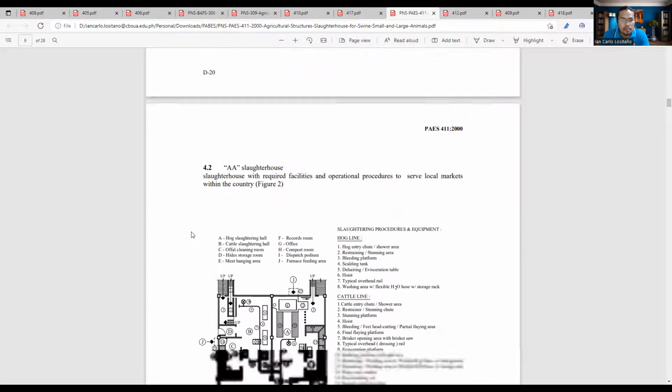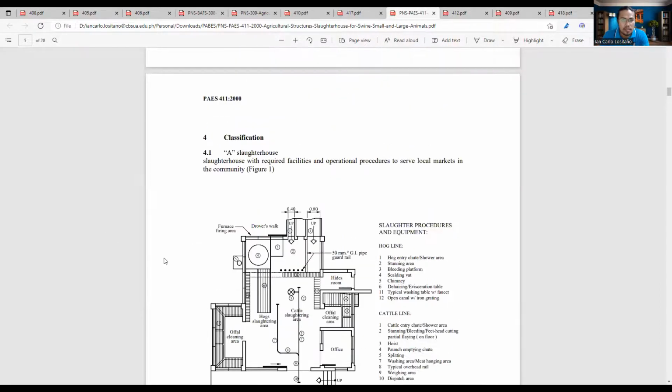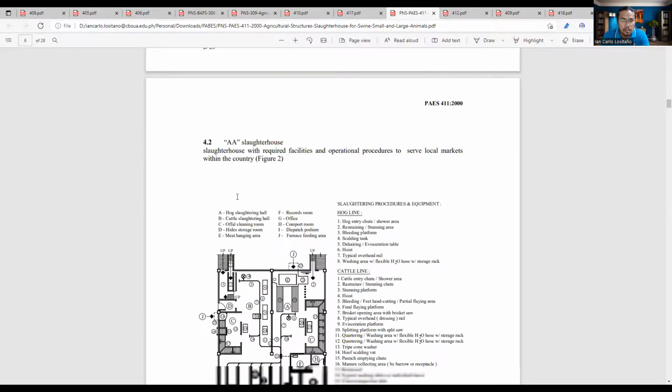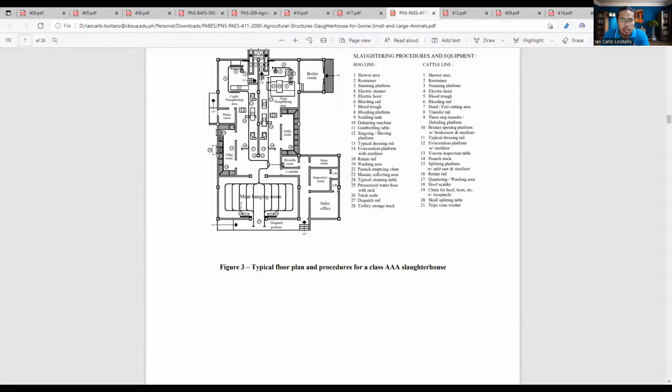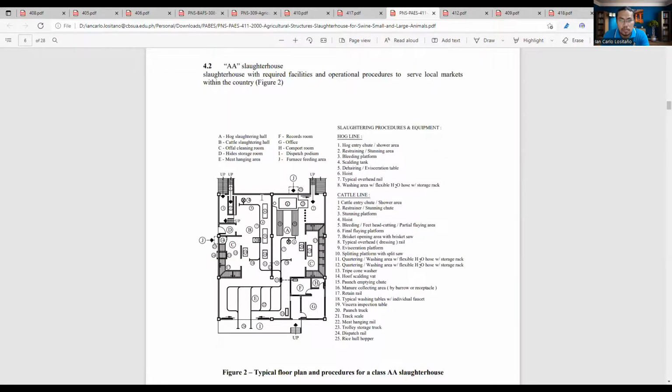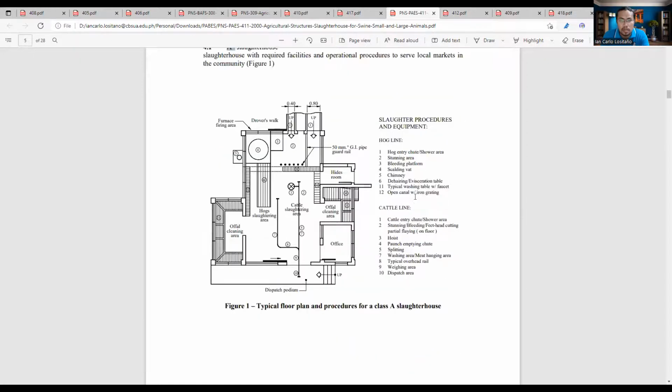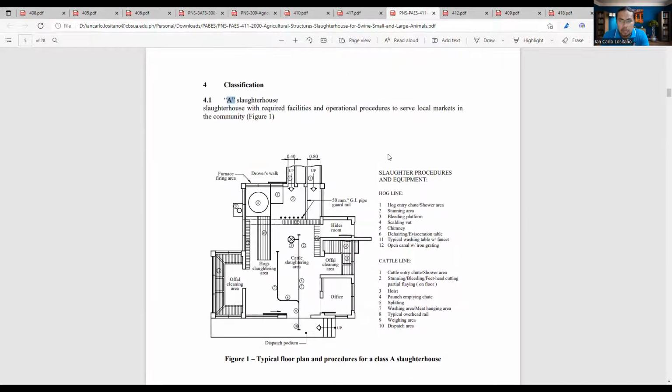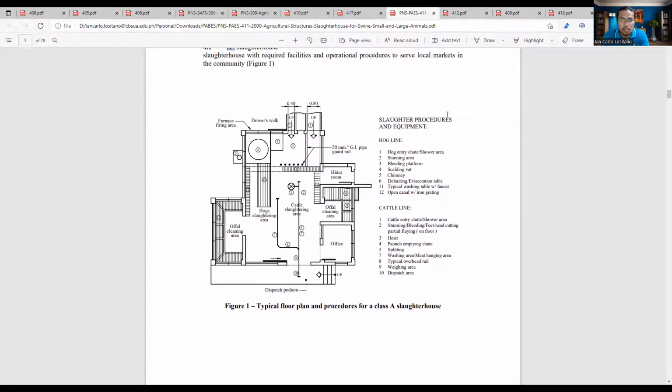Now, there are different classifications of slaughterhouse. There's an A slaughterhouse, a double A, and also a triple A. This depends on the processes that are being accommodated inside the slaughterhouse. An A slaughterhouse has the required facilities and operational procedures to serve local markets in the community, as in Figure 1, with the processes as shown.